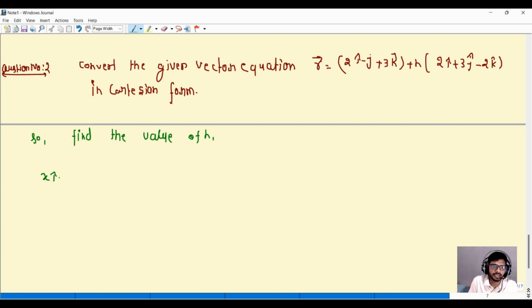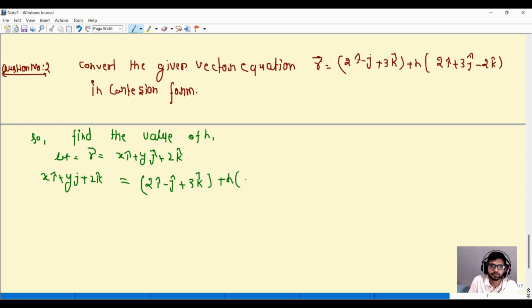So our r vector is xi, yj, zk. Let r vector equal xi, yj, and zk equals 2i minus j plus 3k plus lambda times 2i plus 3j minus 2k.